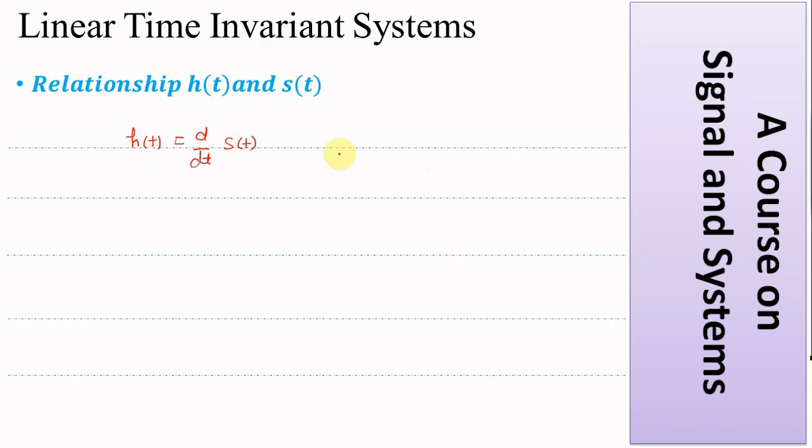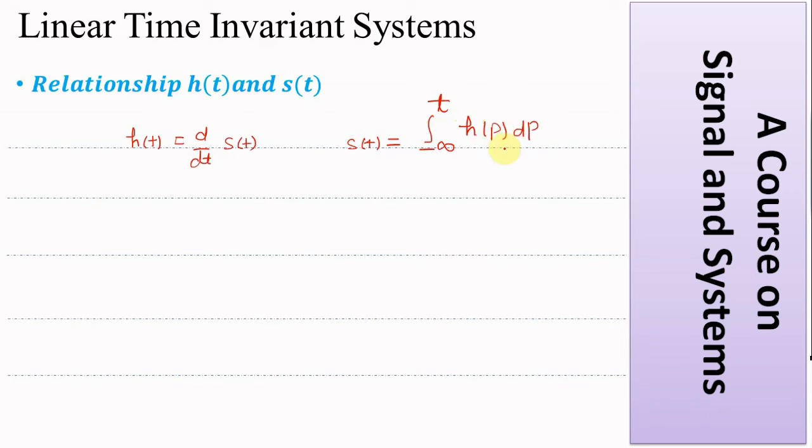In other words, if I have the unit impulse response of the system, I can calculate the step response, which shall be equal to s(t) is equal to integral from minus infinity to t of h(p) dp.